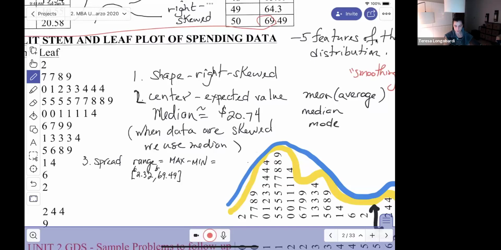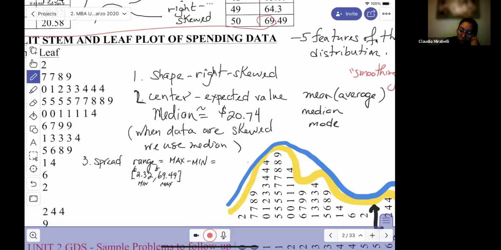And you can subtract them so you can show how long the range is. What is the maximum minus the minimum? $67.17.